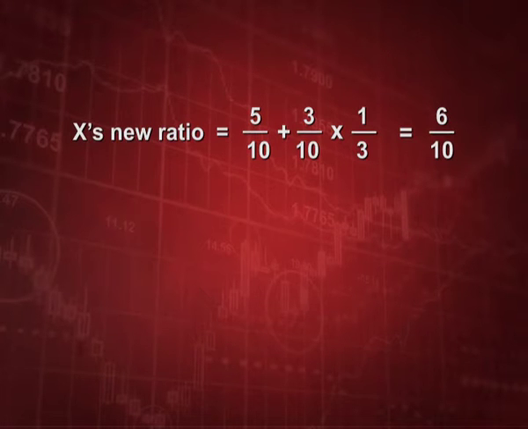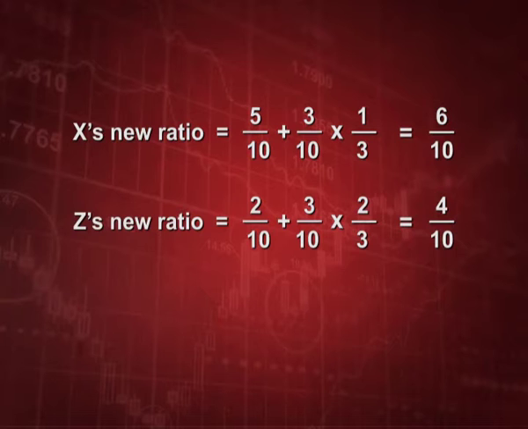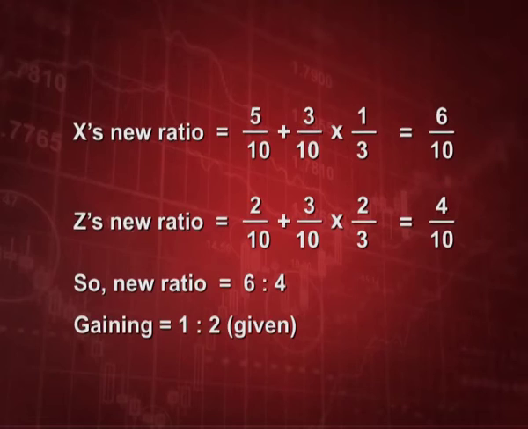Similarly, for Z, we will see old ratio 2/10 plus 2/3 of the gain 3/10, that makes it 4/10. So, the new ratio now becomes 6:4. Now, if you want to calculate the gaining ratio, you can do new ratio minus old ratio, but there is no need because it is already given in the question that they are gaining in the ratio of 1:2, right. So, the gaining ratio becomes 1:2.